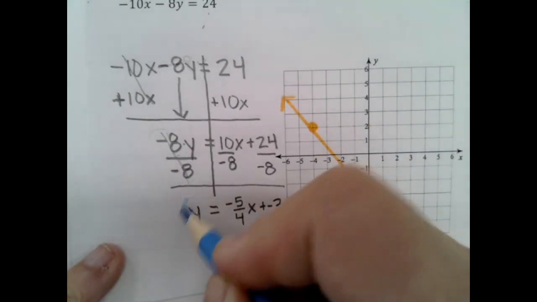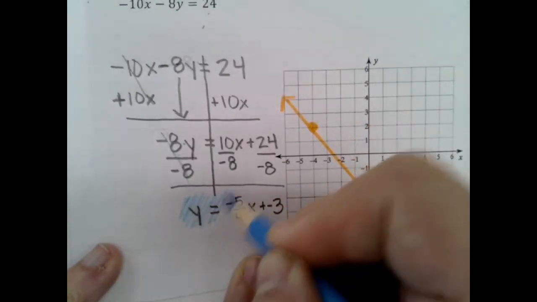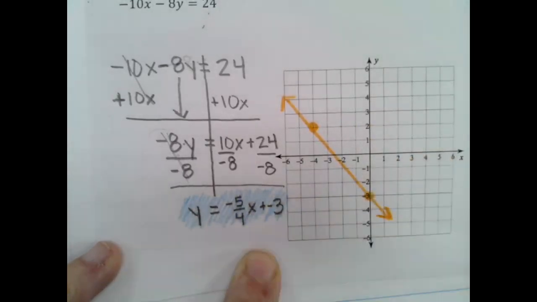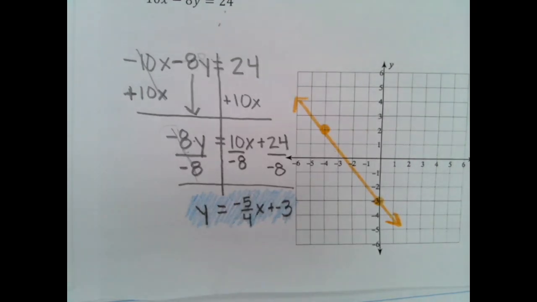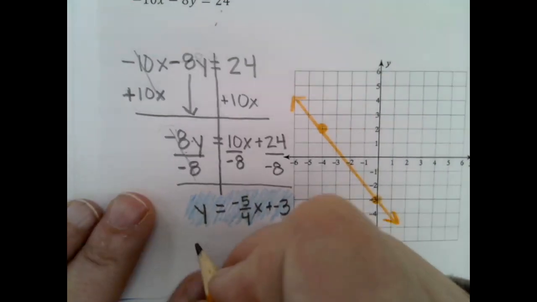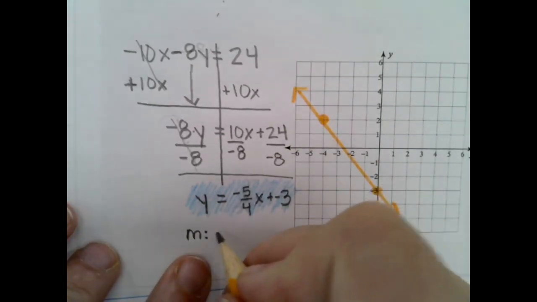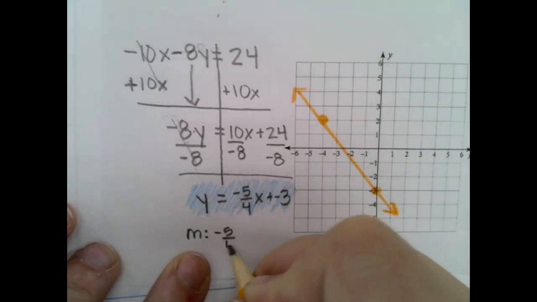So this is now going to be my blue line. All right, so what is my m? Negative 5 over 4. What is my b?